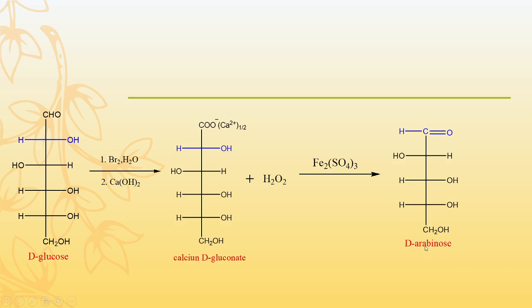Okay, so this D-arabinose is a 5 carbon sugar. You can count 1, 2, 3, 4, 5 carbon sugar. That means D-glucose is converted into D-arabinose in this Ruff degradation. So this is the chain shortening reaction, that is called the Ruff degradation.